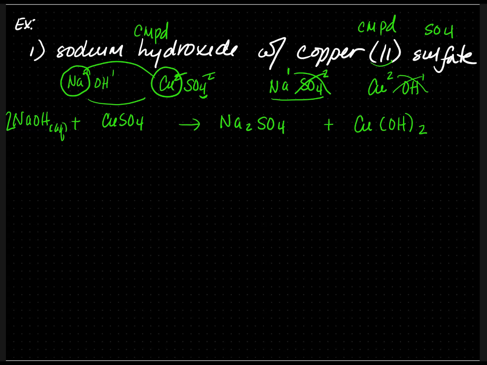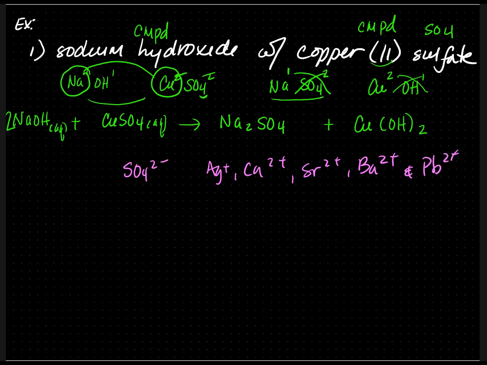Copper sulfate is aqueous. So we look up the anion, which is SO4 2 minus. SO4 2 minus is always soluble except with silver plus 1, calcium plus 2, strontium plus 2, barium plus 2, and lead plus 2.